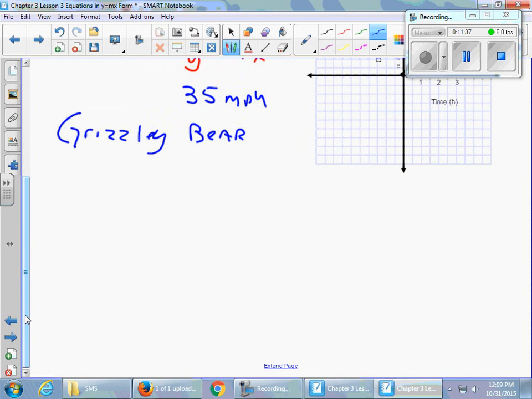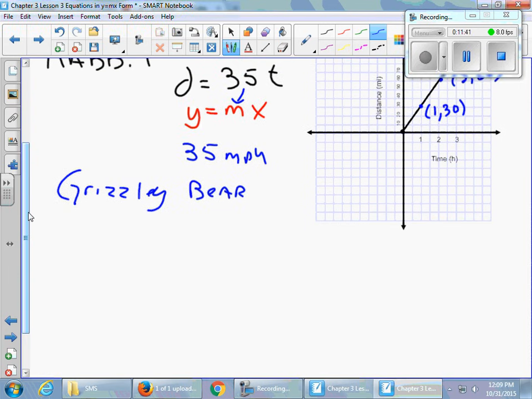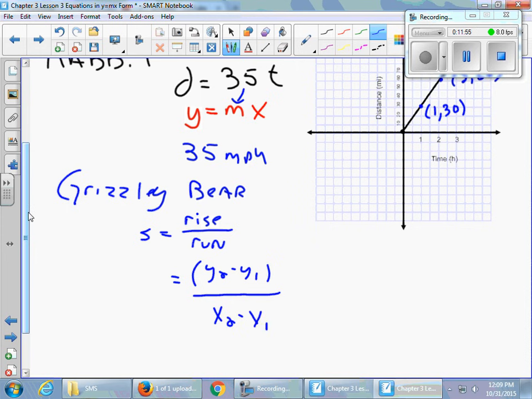So we're going to try to find our m, our slope for that one. Once again, we have our slope equals our rise over our run, equals y2 minus y1 over x2 minus x1.